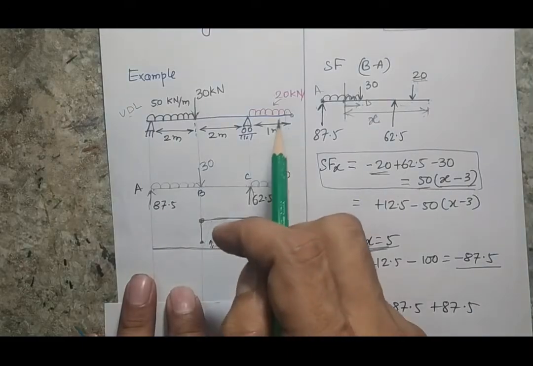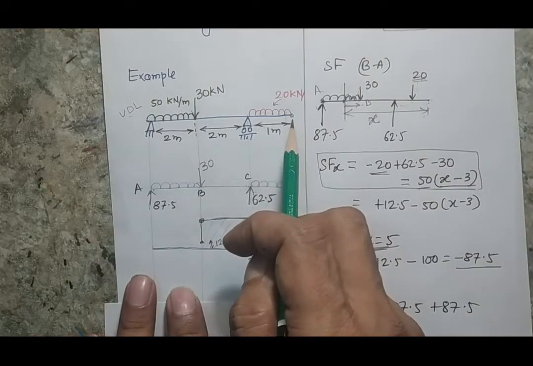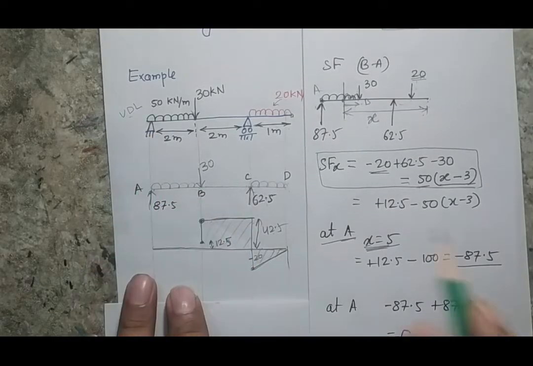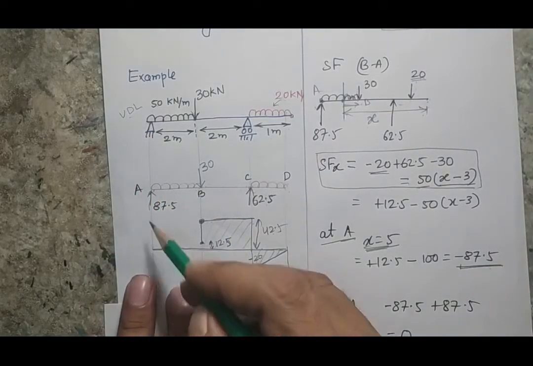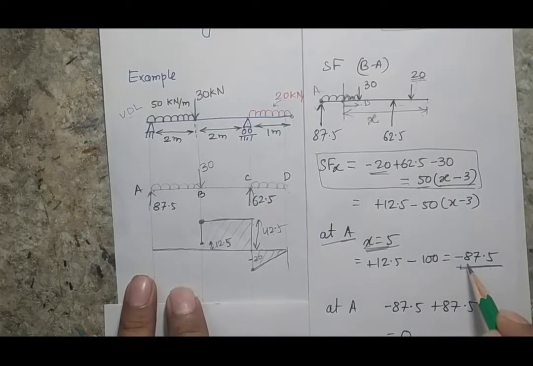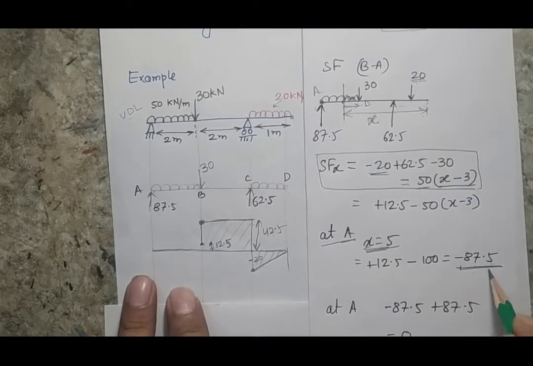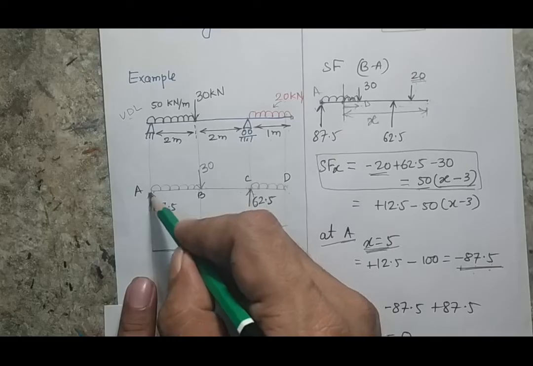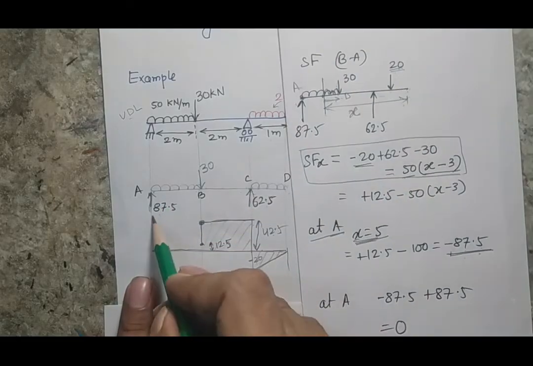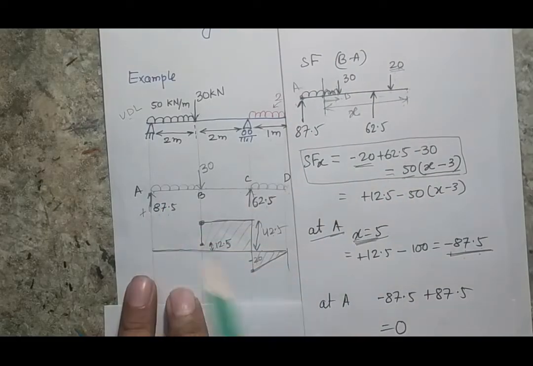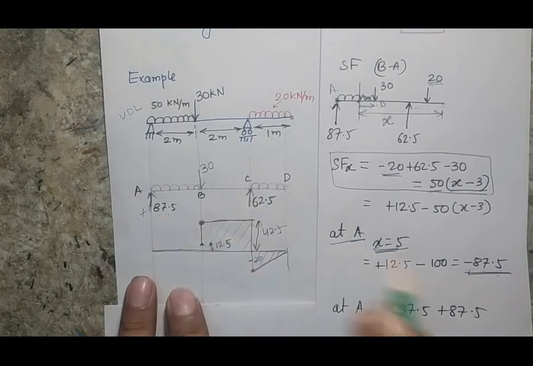When you start from this position and reach this position, your shear force should be equal to the reaction, and then when this minus 87.5 comes, and then again the 87.5 plus comes here, finally you will get a zero shear force value.